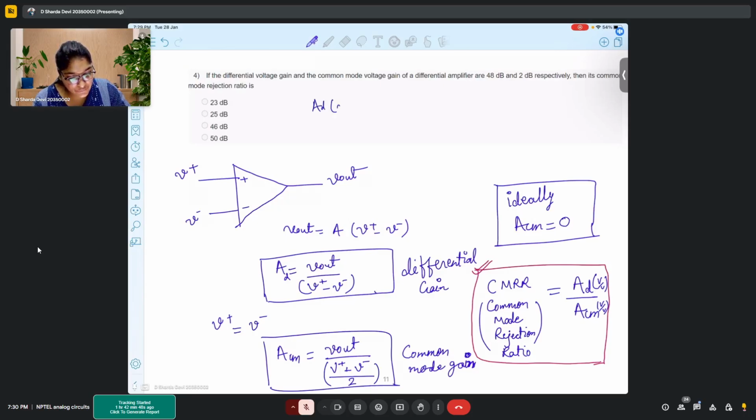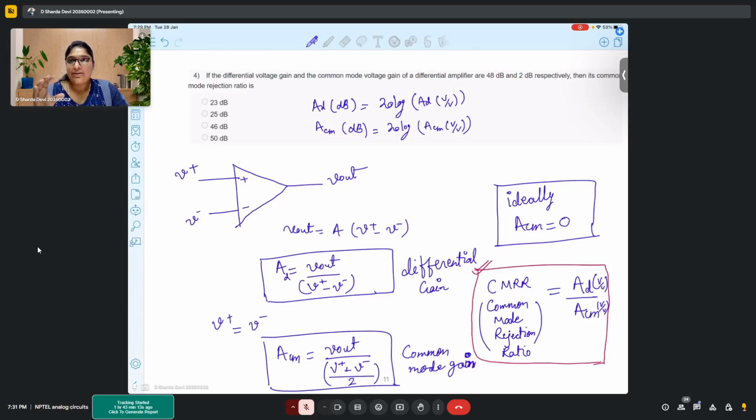AD, if you want to calculate in dB, it is 20 log AD, V by V. Similarly, ACM also, it would be 20 log ACM, V by V.